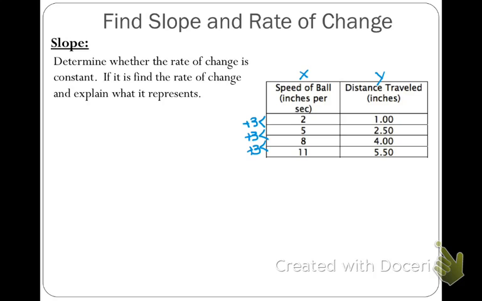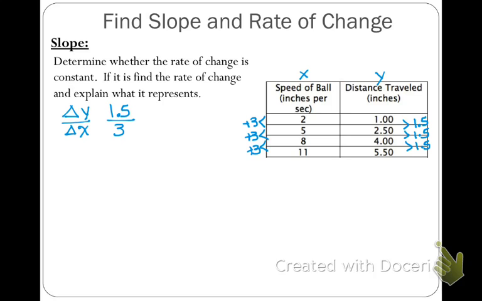Let's look at my y values, how they're changing. Going from here to here, I add 1.5. Here to here, I add 1.5. And here to here, I add 1.5. So I do have a constant rate of change. My change in y over my change in x is 1.5 over 3.